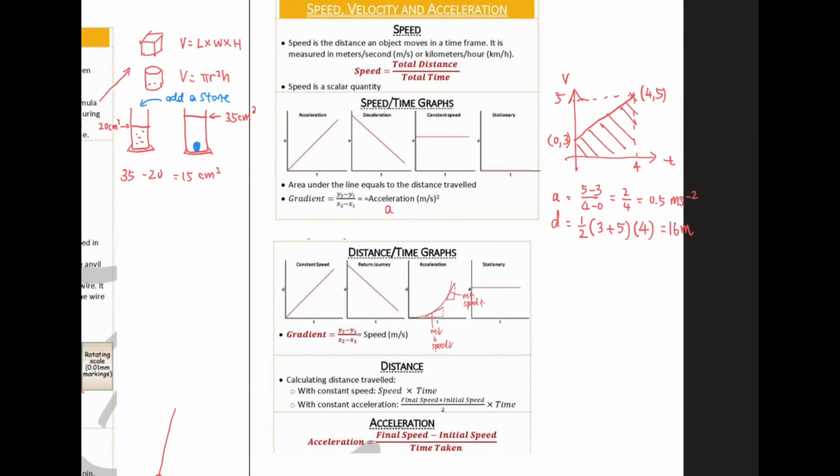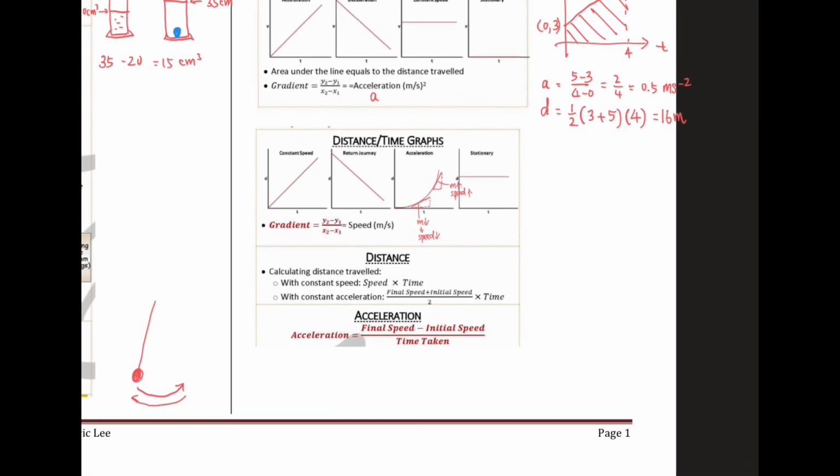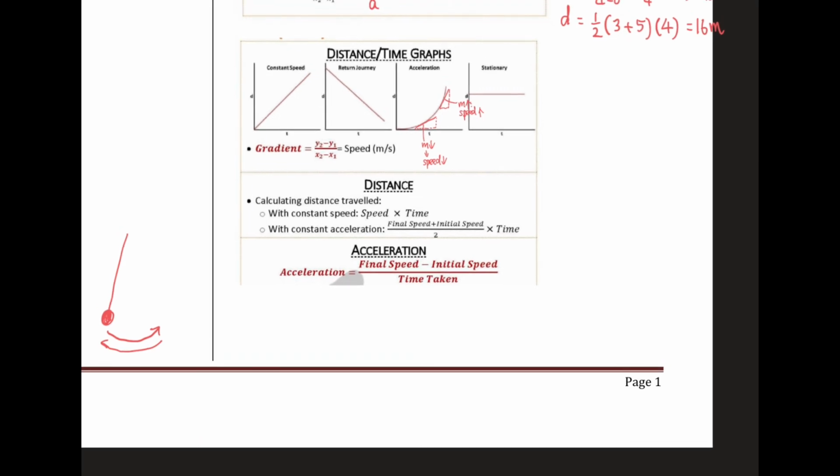And okay, let's go through a little bit more. We see the next part. Calculating distance traveled with constant speed. So if there is no acceleration, it's very easy. When it's constant speed, it means no acceleration. So distance equal to speed multiplied with time. Of course, we know this long time ago.